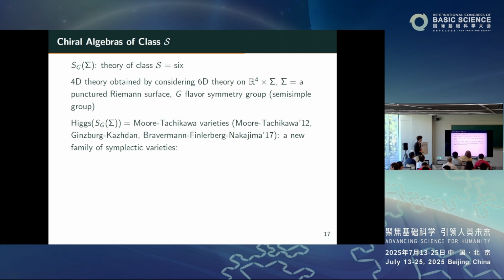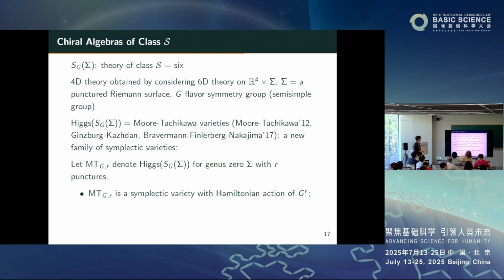And this is a new family of symplectic varieties which satisfy the following properties. One of the statements of Moore-Tachikawa is that it's compatible with the gluing of Riemann surfaces, so it's enough to describe them for genus zero cases.